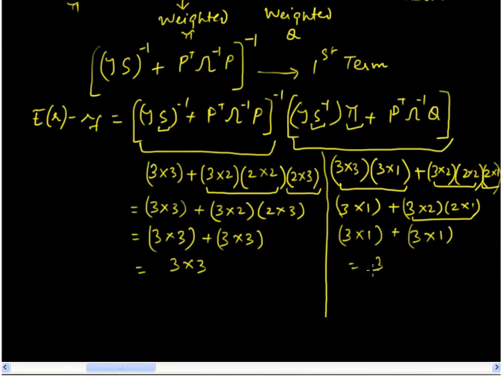So we get a 3 by 1 vector here. So this is the matrix that we get from the first part of the Black-Litterman formula, and this is the vector that we get from the second part. So the complete result will be 3 by 3 times 3 by 1, which is going to give us a 3 by 1 vector in our case. Well, this is all I wanted to tell you in this video.